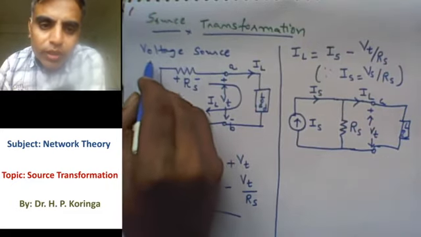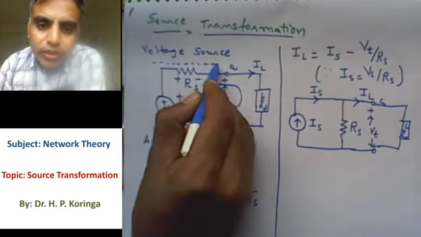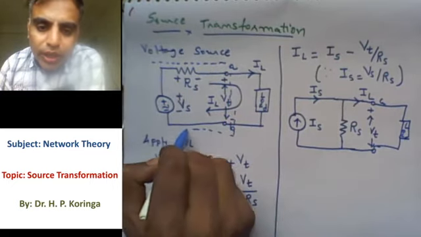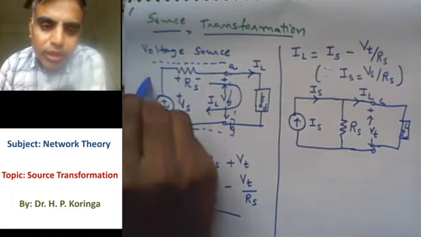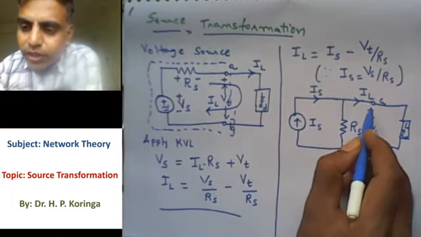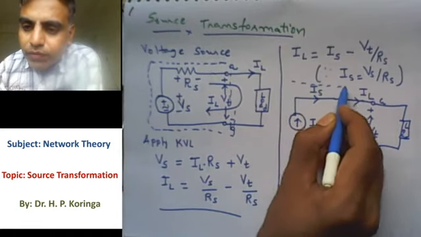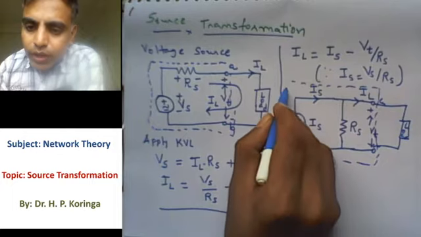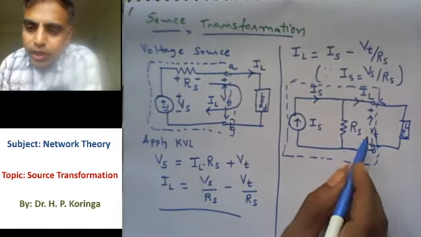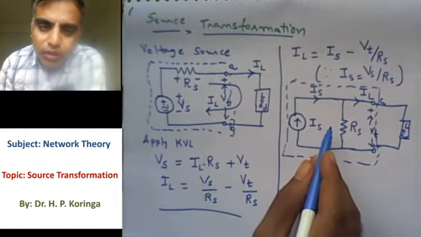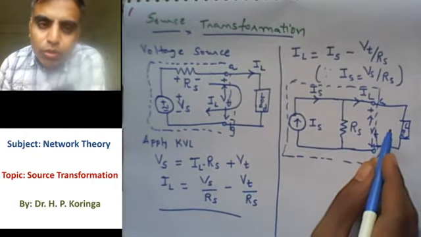In our voltage source circuit we have a terminal voltage Vt and it produces the load current IL. In this circuit also we have the terminal voltage Vt and the load current IL. So we can say both circuits are equivalent.